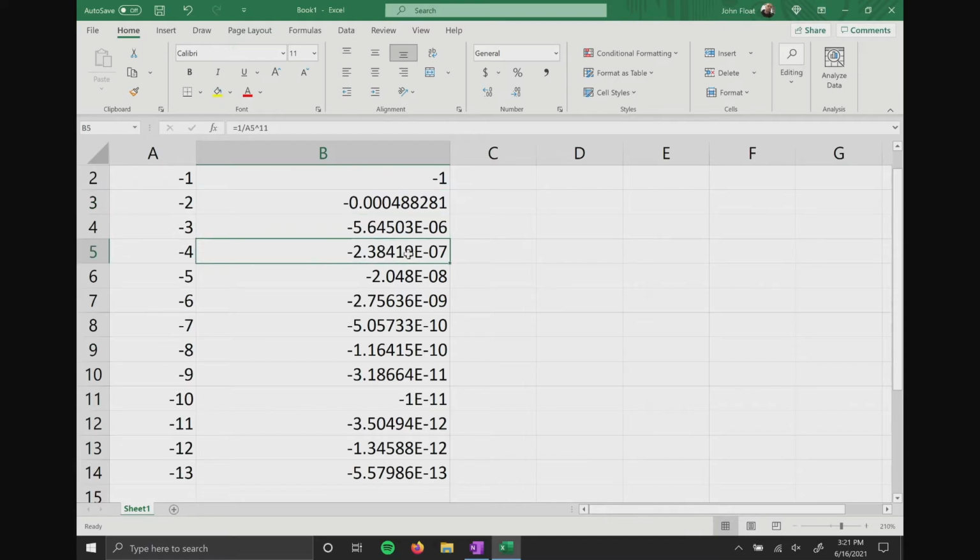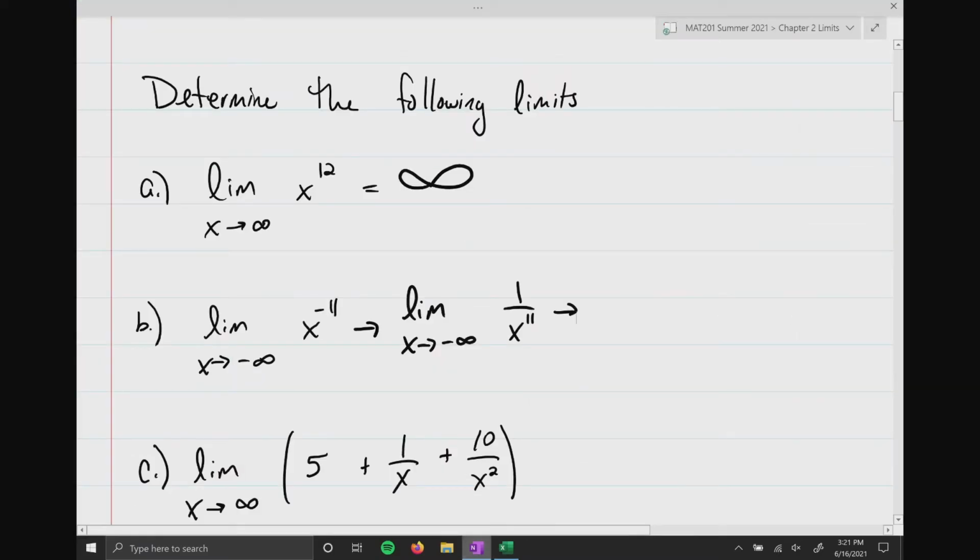This is going to be -2.3 times 10 to the -7th, -2 times 10 to the -8th, and so forth. So my values are getting smaller and smaller and smaller. So if we go back to this, this is going to go to 0, because my values are getting closer and closer and closer to 0.